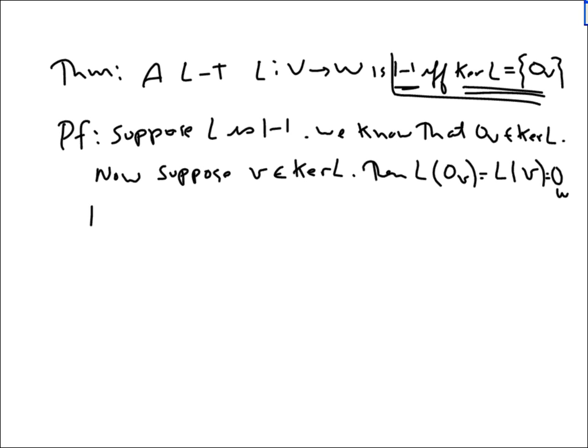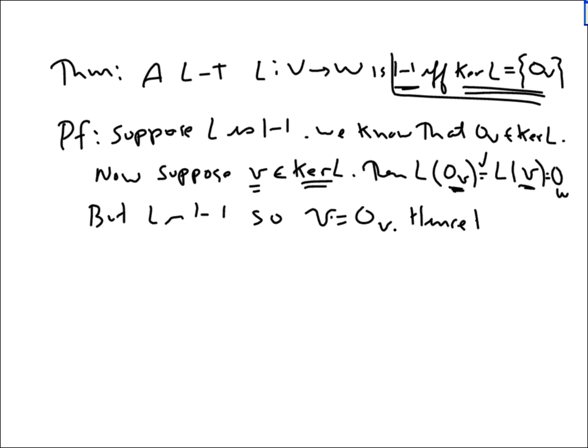But L is 1 to 1. That is, if you take L of two different things and you get equality, we can say that those two seemingly different things are equal. I'm telling you V is in the kernel, but it turns out V is the 0 vector.